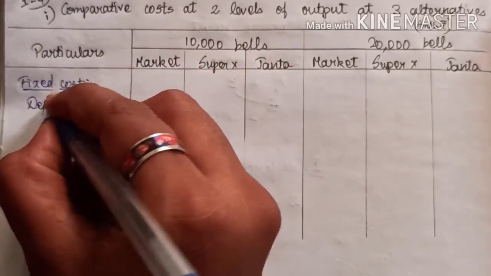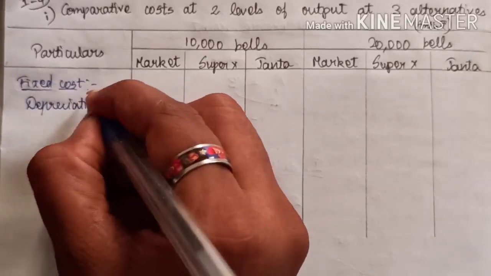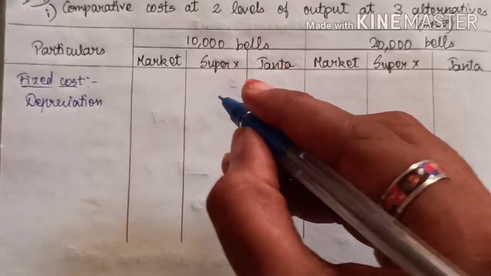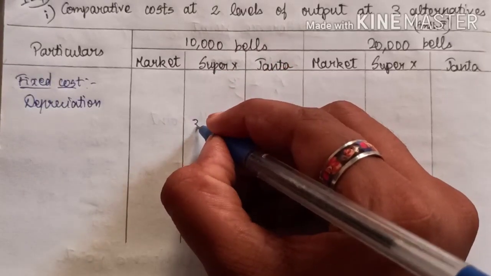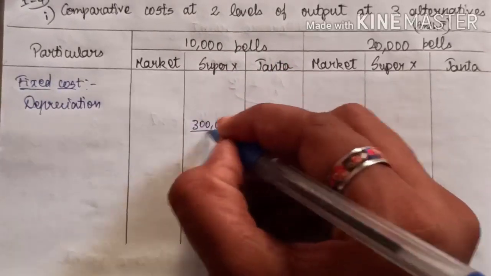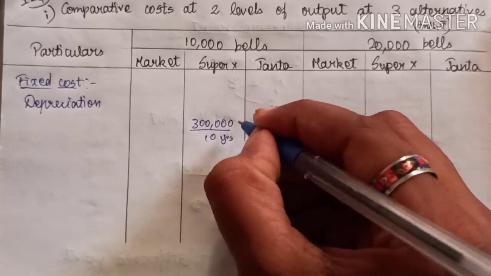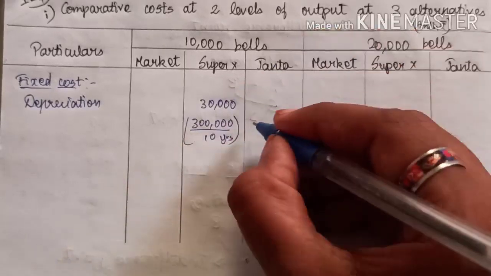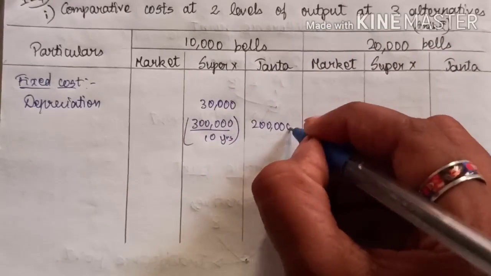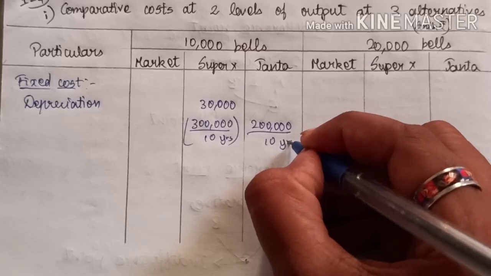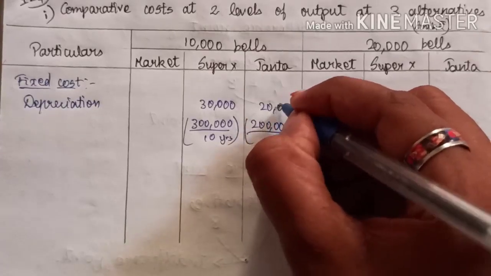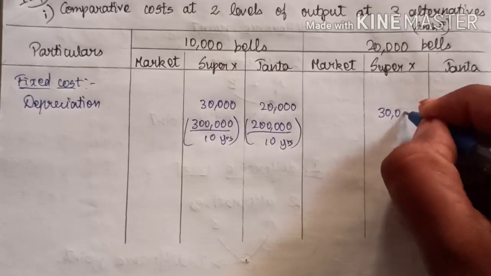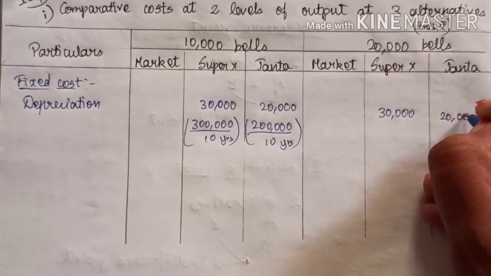First one is depreciation. They mentioned we have to find the depreciation on straight line basis. That is 3 lakhs divided by 10 years. The depreciation is 30,000. And here the 2 lakhs rupees divided by 10 years, we will get 20,000. The same here, 30,000 and 20,000.